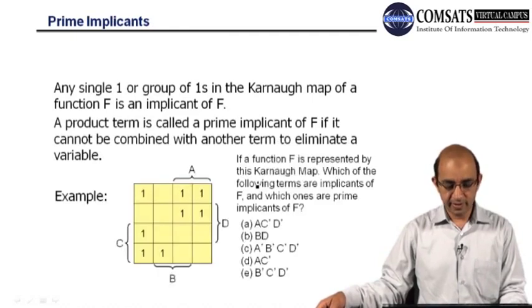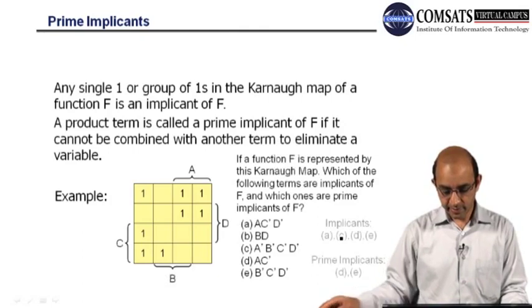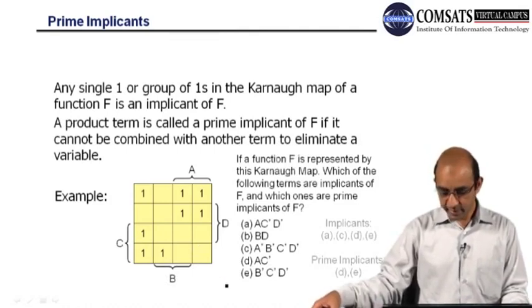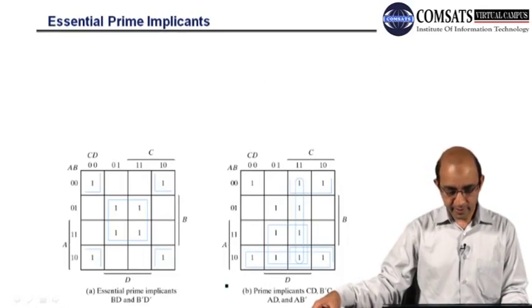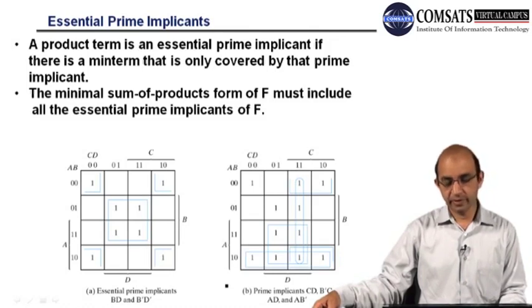You can see we have prime implicants and implicants, and A, C, D, E are the implicants, because we can have groupings. This is another example. You can see that we must have the minimum sum of products forms.